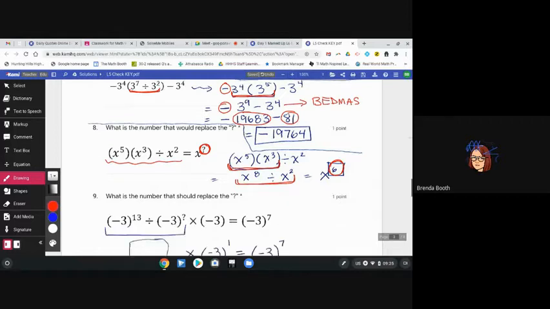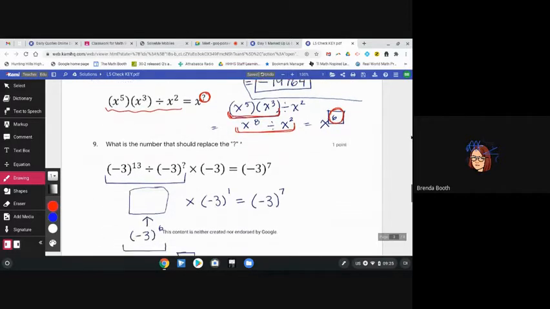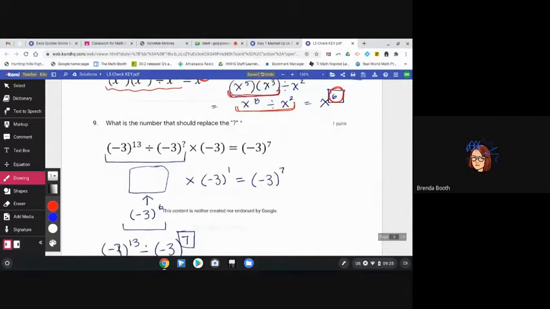Okay, number 9 is similar, but a little trickier. So here's how I started off with my work. I knew that I'd have to work from left to right. I knew this would be the first operation to do. But with that missing exponent, I can't actually do that operation.